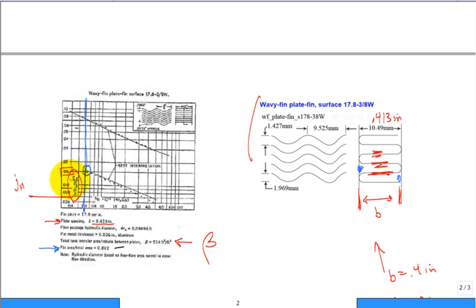How about the fanning friction factor? It's right here, 0.075. I know it's open for debate, but 0.015 for J sub H, and friction factor fanning is 0.075.